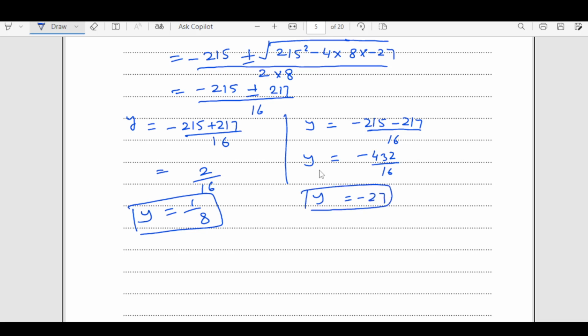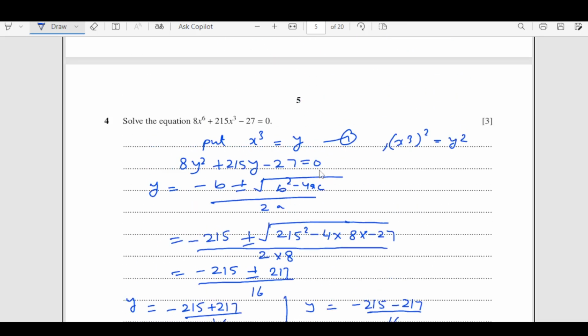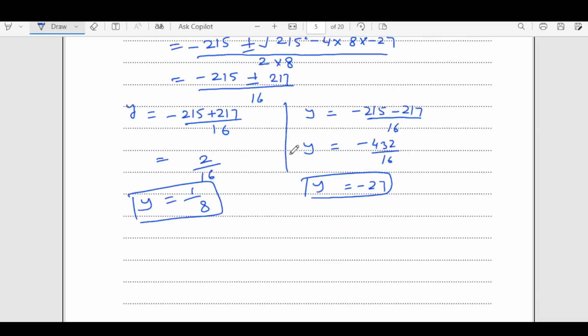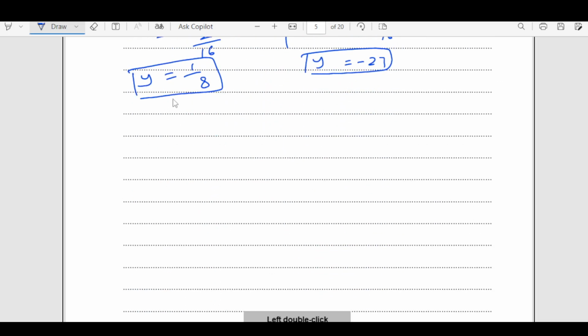So we got the values of y, and we have the equation x cubed is equal to y. So we are going to substitute the values of y. From here y is 1 over 8, so x cubed is 1 over 8.